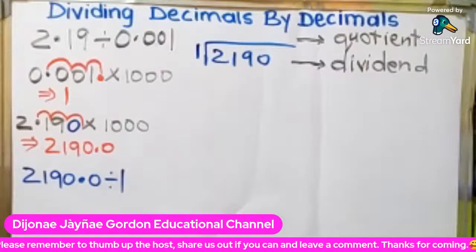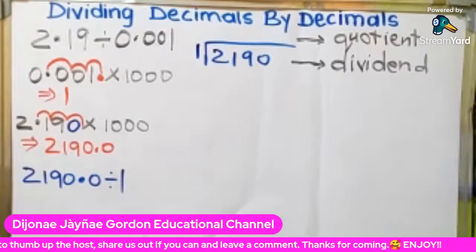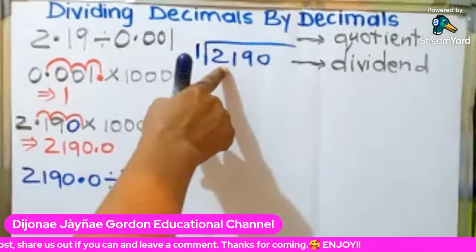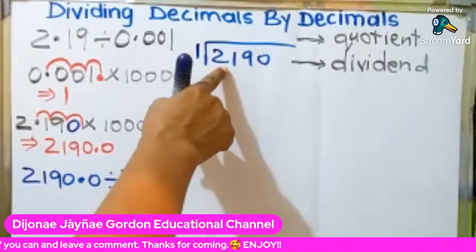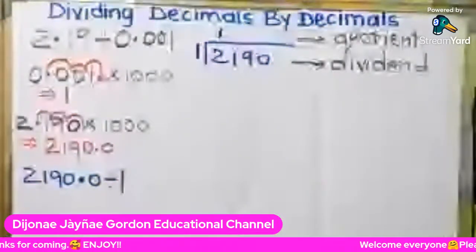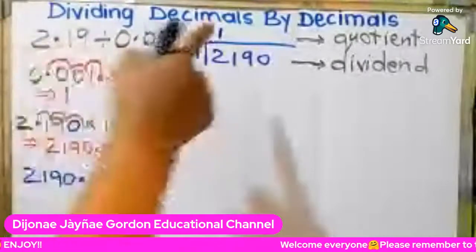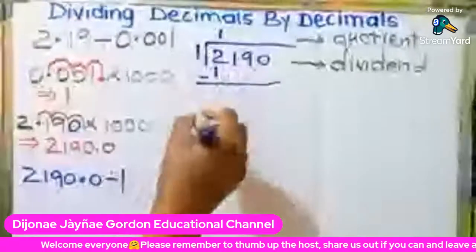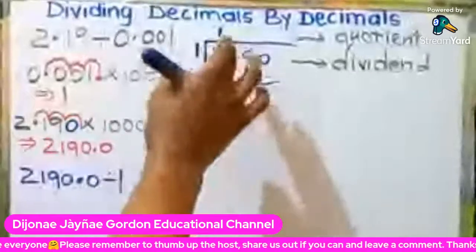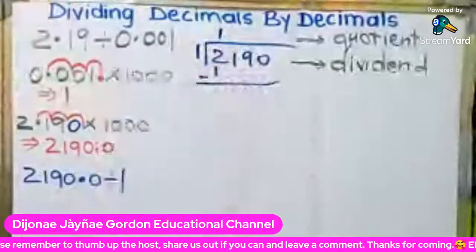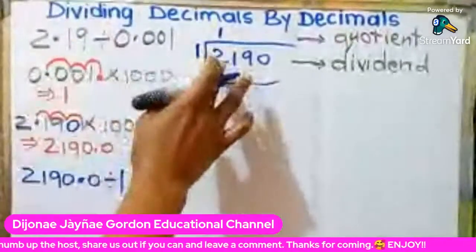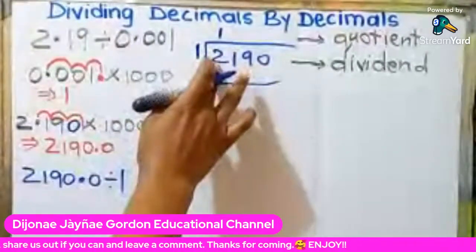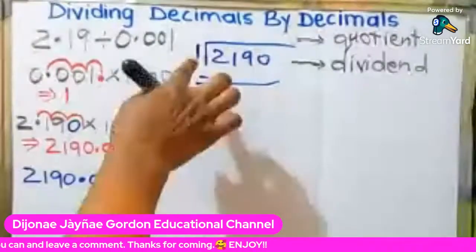So let's solve this problem. First, you're going to ask yourself, how many groups of 1 can you get from 2?